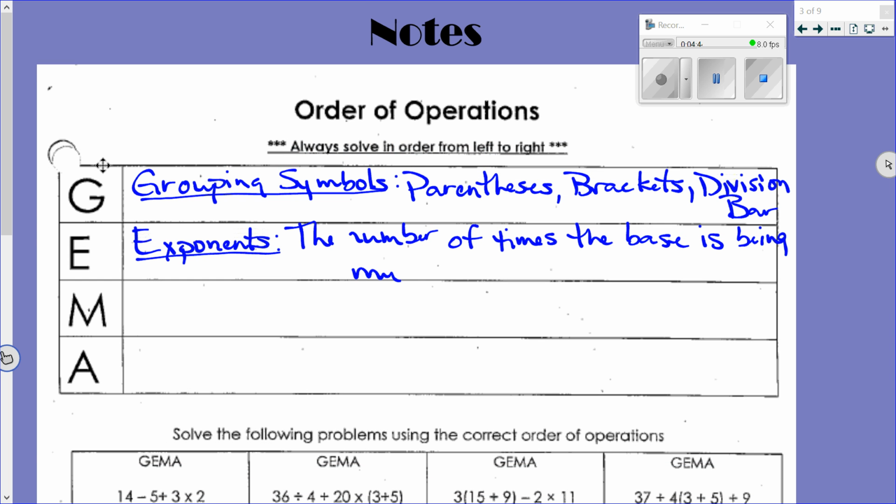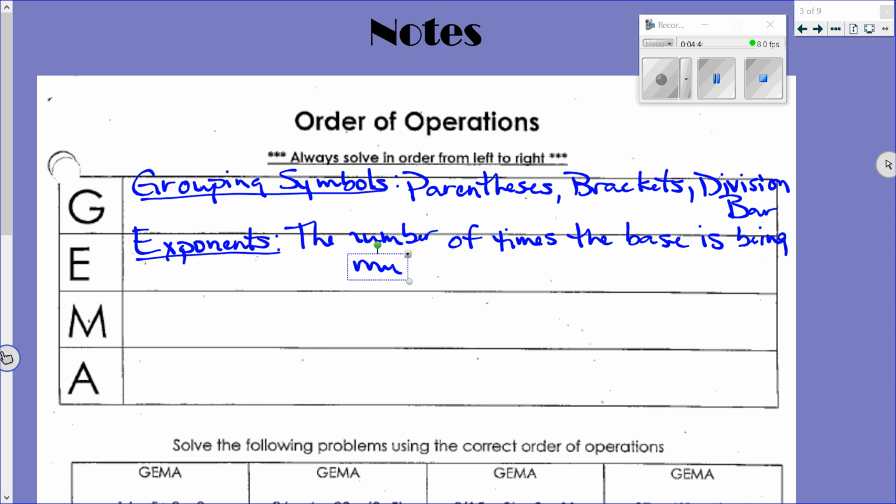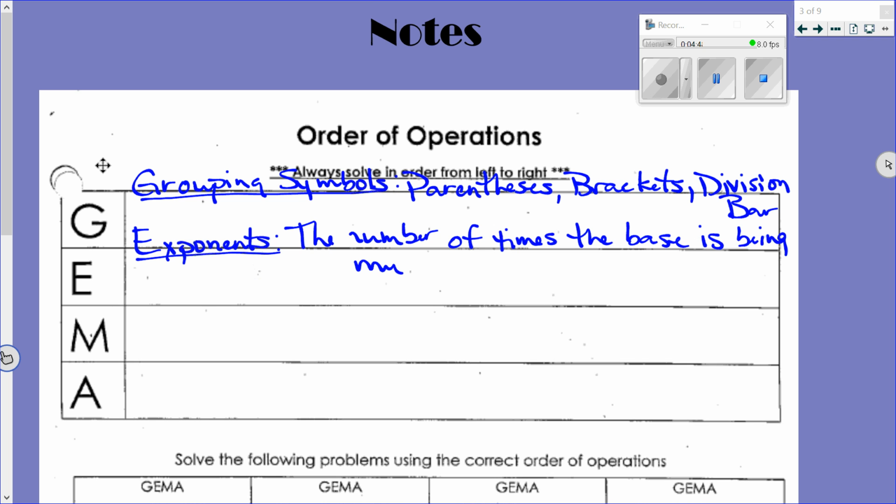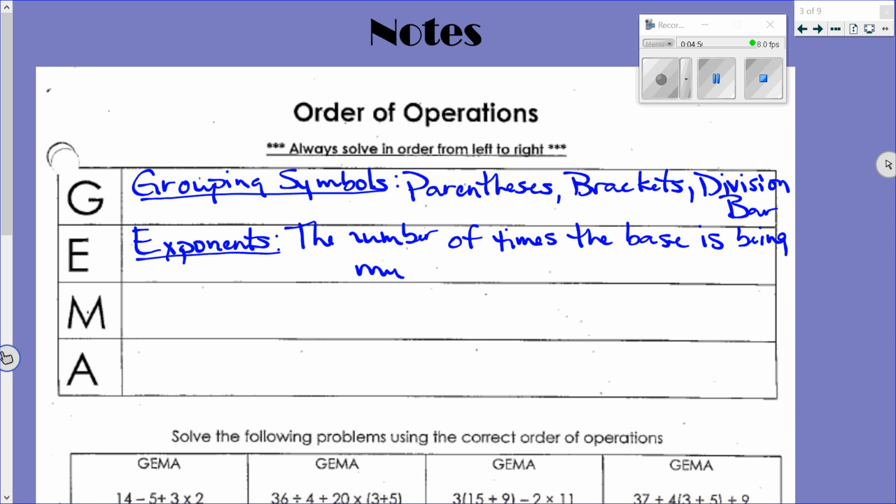Can we just pretend that says multiplied? Miss McShann, can you do me a favor? Right click and hit lock. We'll try something. There we go.